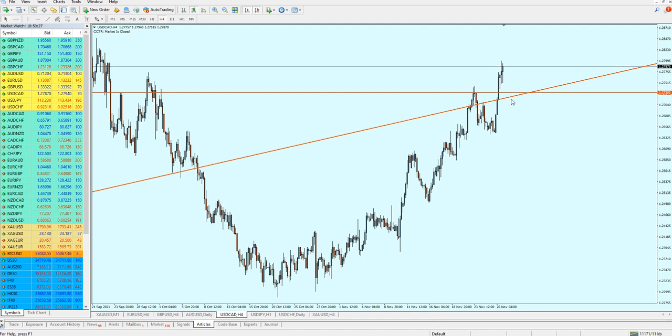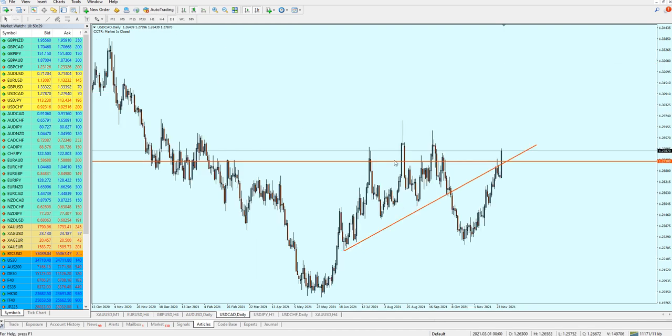55 pips. Oof, this USD CAD is always doing this to me. It will reverse definitely on that resistance level right there. Okay, to reverse on the resistance.